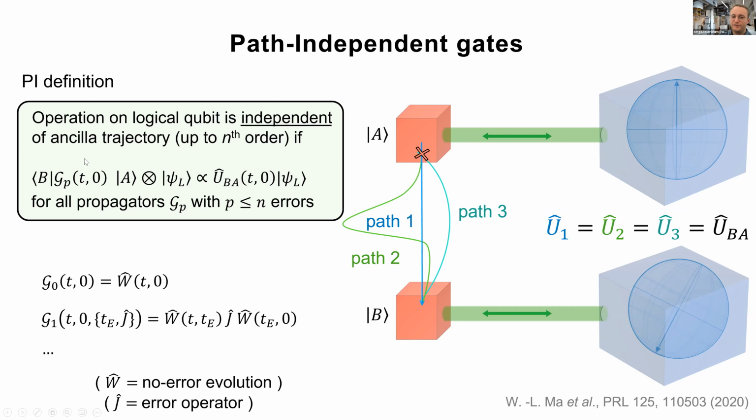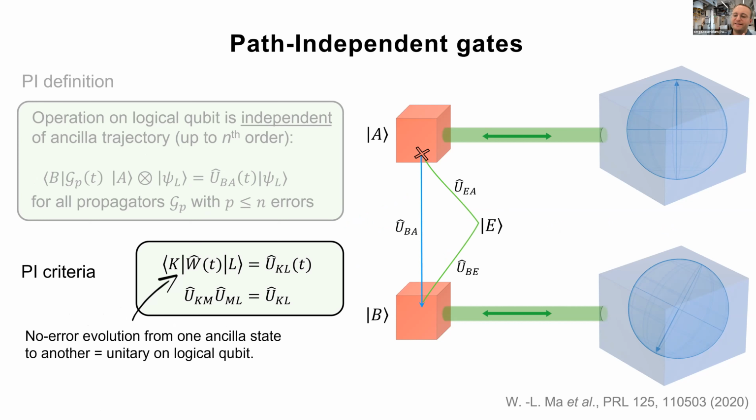Formally, we would say that the gate is path independent to nth order in the error if, given that the ancilla starts in A and ends up in B, all propagators with fewer than n errors still give you a fixed unitary on the logical qubit.